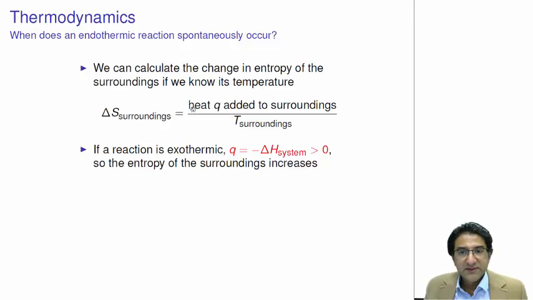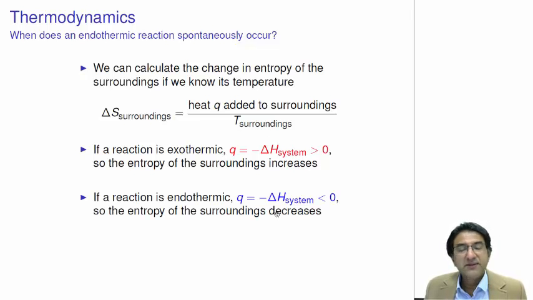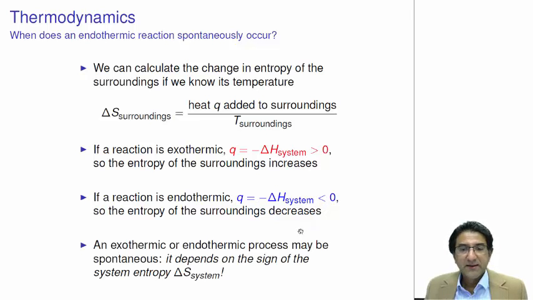Delta S of the surroundings is negative delta H of the system divided by T. Of course, we can consider endothermic reactions as well. Same formula, negative delta H on T, except that delta H for the system is greater than zero for an endothermic process.